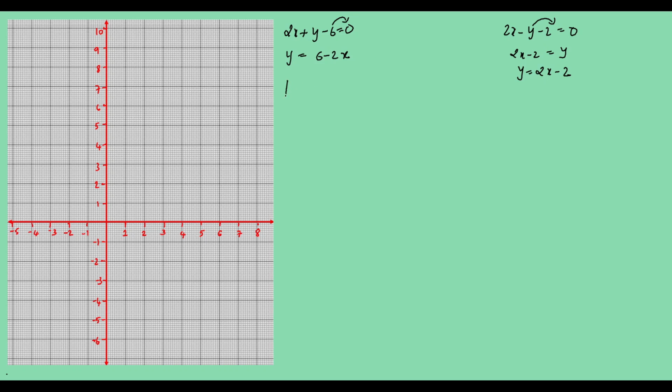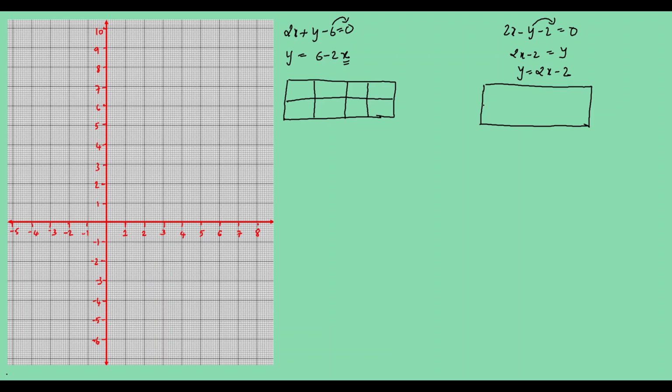So just like the previous one, I'll write the grid over here. As I told you, children, you should input a minimum of 3 values of x to get the values of y. Here x is called an independent variable and y is called a dependent variable. Can you tell me why they are called so? Because whenever you are putting the value of x, you are not taking care of y.